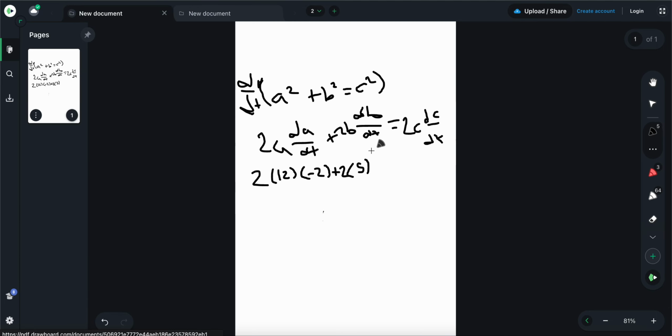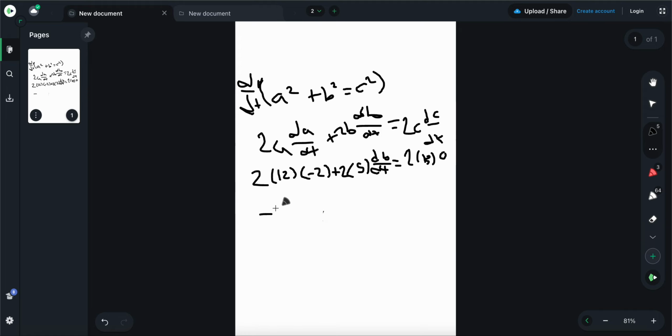Now last thing, we'll put this back in here over dt. So this is the variable we're trying to solve for, equals 2. Our C is 13, and our dC/dt is 0, which means this whole term is 0. Can do the math.